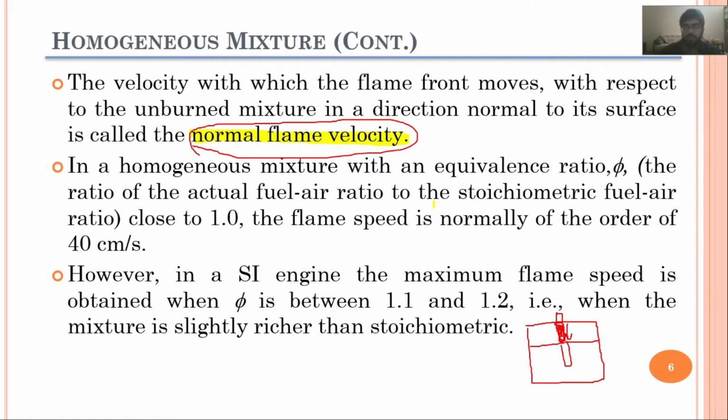So in a homogeneous mixture with an equivalence ratio close to 1, the flame speed is normally in the order of 40 centimeters per second. These are the normal usual flame speeds when we have an equivalence ratio of 1. The question is, what is equivalence ratio?